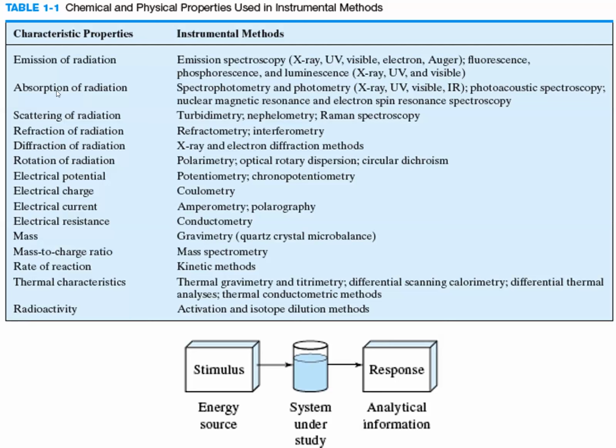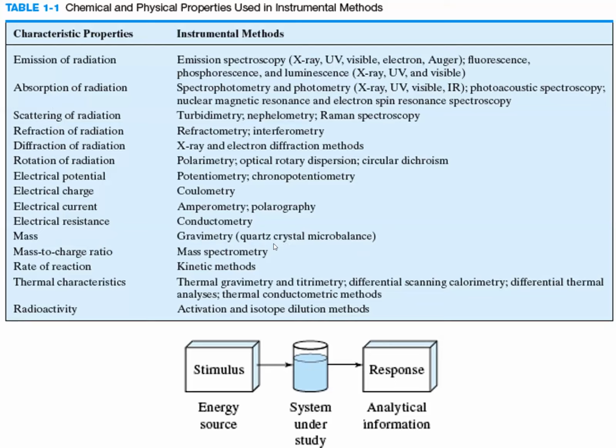One particularly important property that we often use in measurement is the mass. The mass of the analyte or material can be measured, and that is referred to as gravimetry. Gravimetry has been with us for a long time.